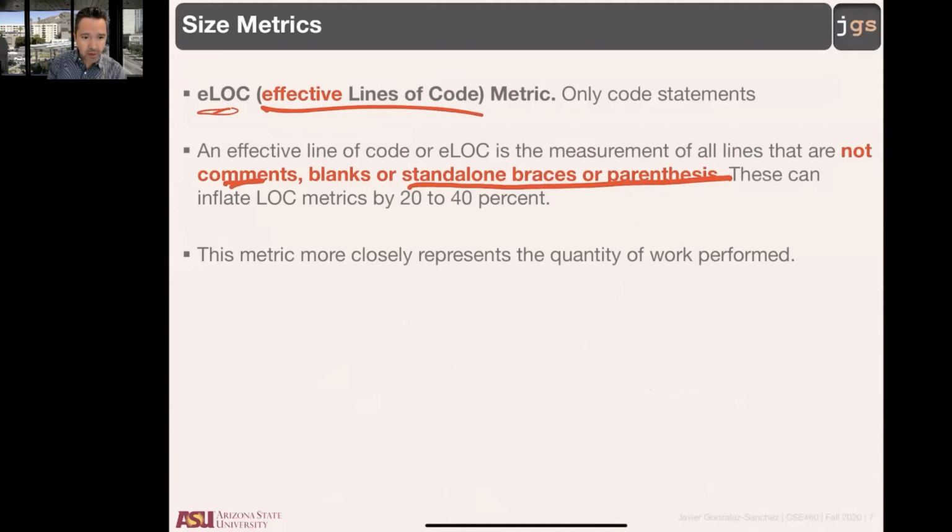We're going to move to another, but quick parenthesis: usually we prefer the effective lines of code versus lines of code because, again, according to the author, the difference between lines of code and effective lines of code is that counting the brackets is going to increase the size of your project like 20, 40%, depending on your style, right?